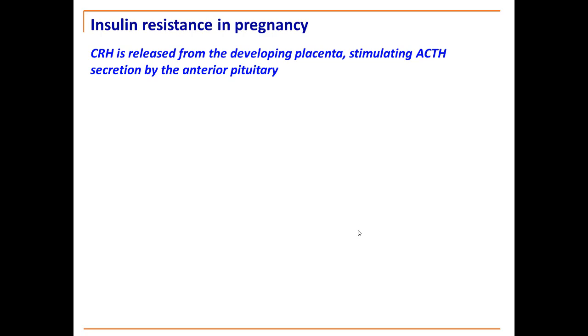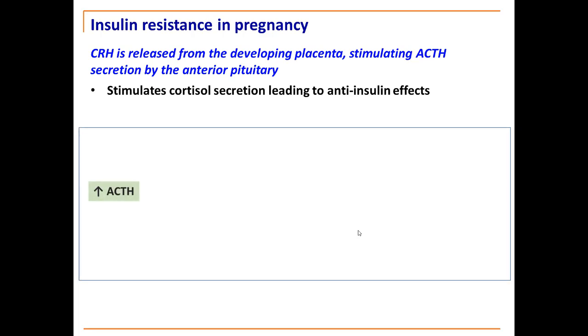The other one that we'll talk about is CRH, or corticotrophin releasing hormone. This is also released from the developing placenta, stimulates ACTH secretion by the anterior pituitary, and of course that goes on to stimulate the release of cortisol from the adrenal cortex. And cortisol has anti-insulin effects.